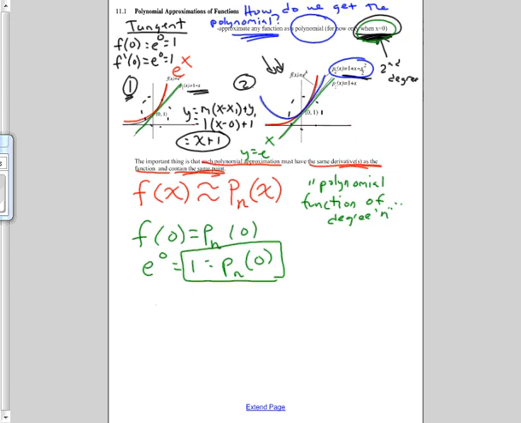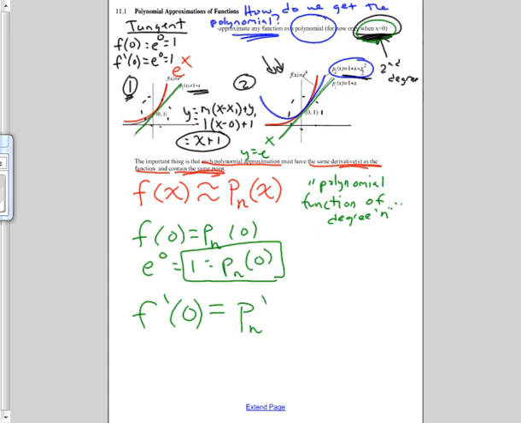Well, f prime of 0, the derivative of my function e to the x at 0, must equal the derivative of my polynomial function at 0.